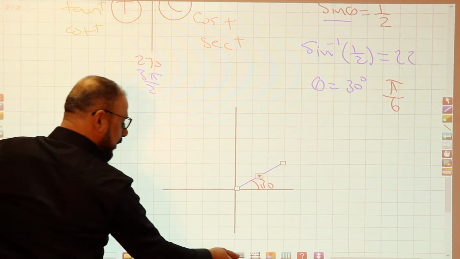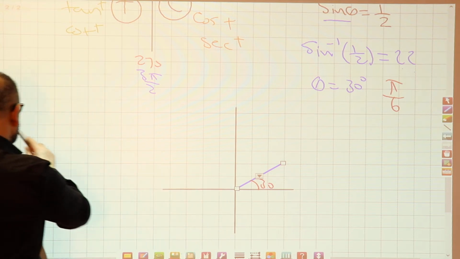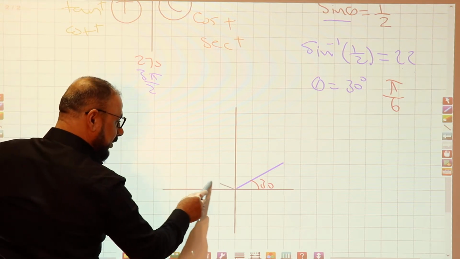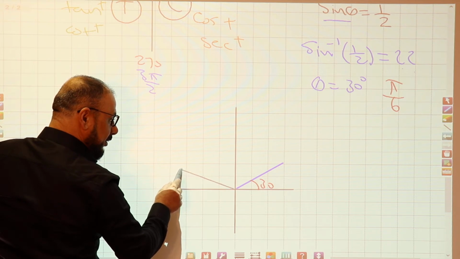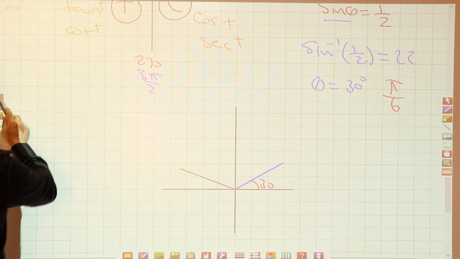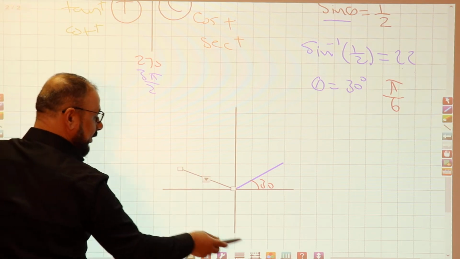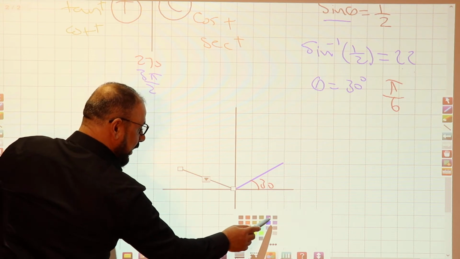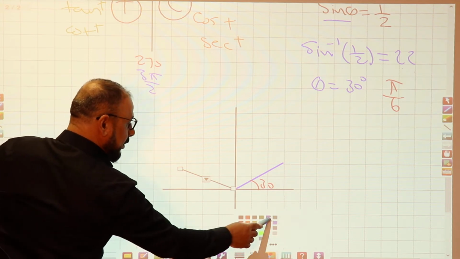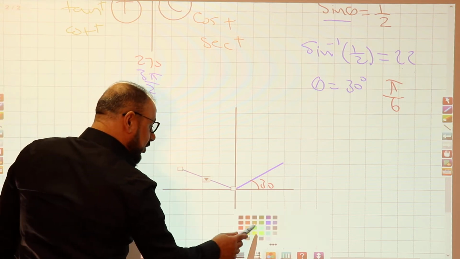Now I have another angle here, 30 degrees, in the second quadrant, because the sine is positive here.